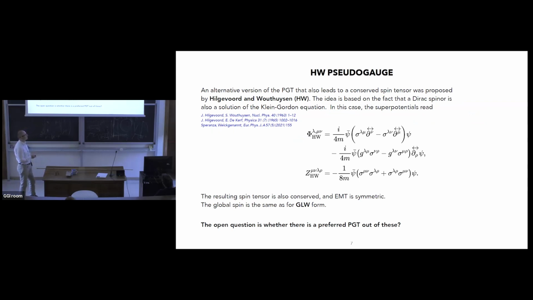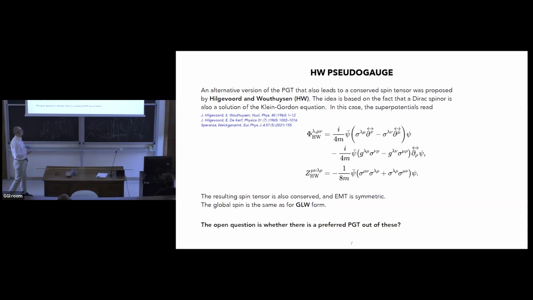The difference was that this resulted from the idea that, having in mind the fact that Dirac spinors also satisfy the Klein-Gordon equation, the Dirac equations for the fields are used as constraint equations to find these currents.